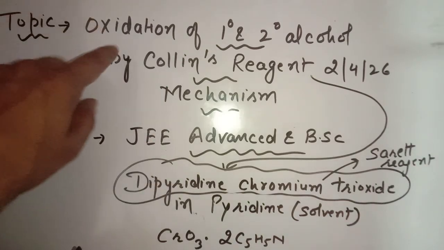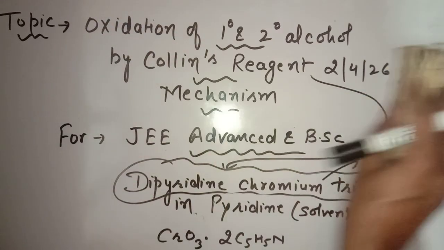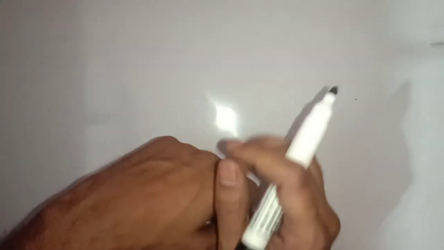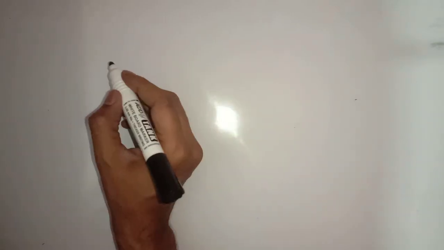So let's first understand how Collin's reagent is prepared. Mechanism wise, Sarret and Collin both are the same. Only the difference is of solvent. So how is Collin's reagent prepared? Let's check.